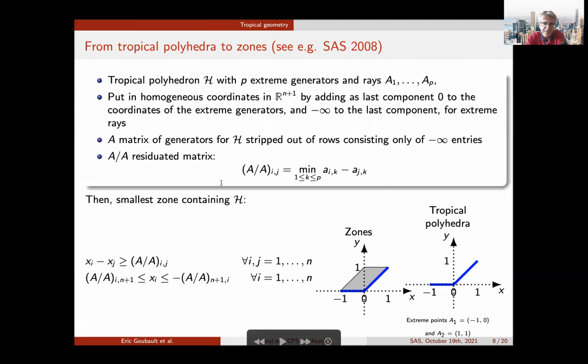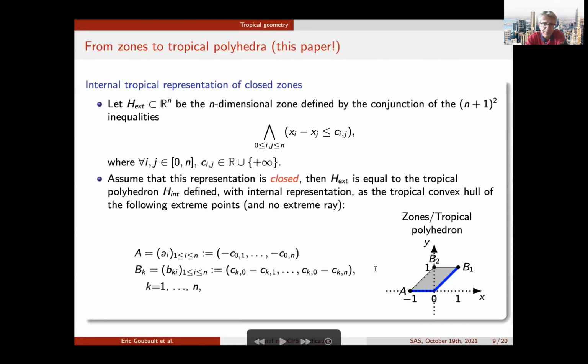It's given by this computation of a residuated matrix, which has been spelled out, for instance, in our SAS 2008 paper. So from this ReLU graph, which is a tropical polyhedron in blue, you're going to get this gray zone exactly. But also in this paper, we show that any closed representation of a zone is actually an external representation of a tropical polyhedron, and can be made an internal representation.